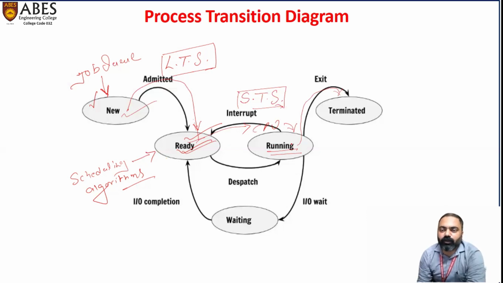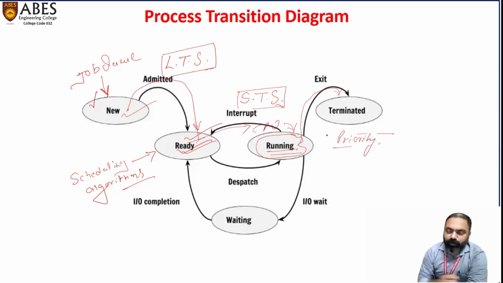Suppose the process is running inside the CPU and the scheduling algorithm is priority, and an interrupt comes meanwhile that process is running, and the priority of that interrupt is higher than the process which is currently running. Then what will happen?